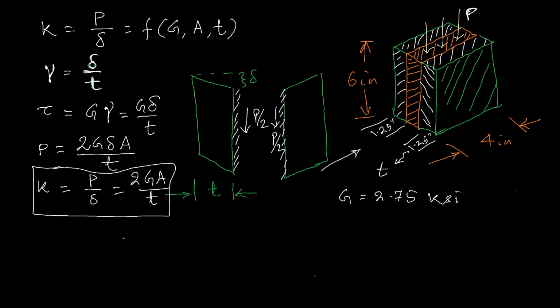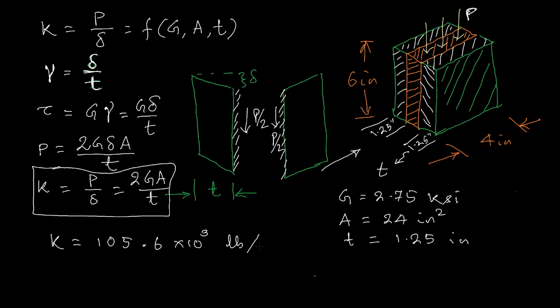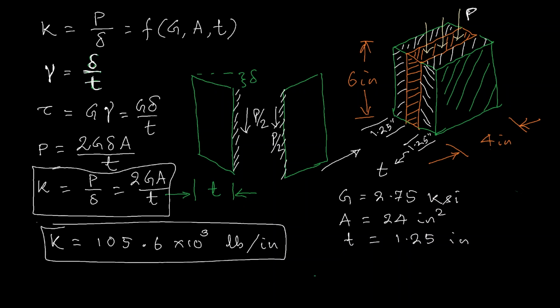Then say the area we have is 24 inch square, and say the thickness is 1.25 inch. If you substitute all these values, the K which you will get comes out to be 105.6 into 10 raised to 3 pounds per inch. So this is just a representative value.